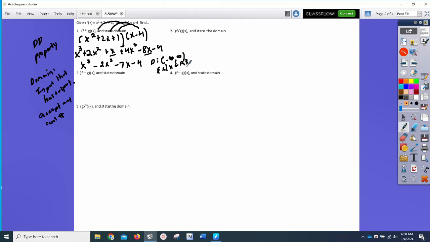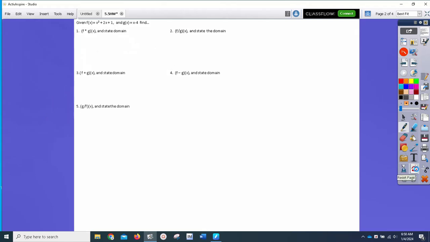The ones you've got to be careful about with domain, for the most part, are like number 2. Number 2 is f over g. And f over g is simply x squared plus 2x plus 1, being divided by x minus 4. I don't know how easier I can make that.